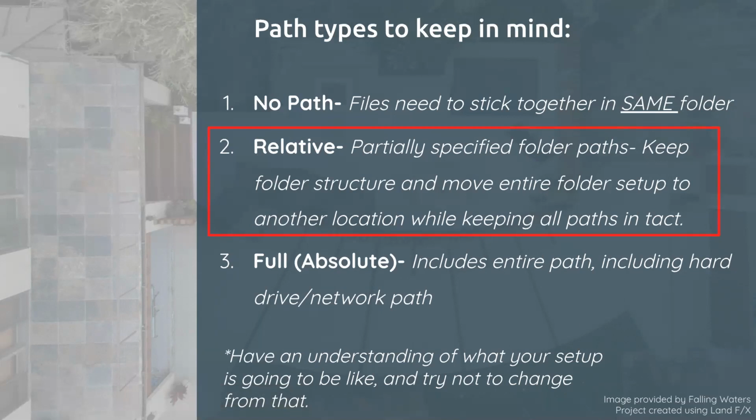It allows everything to be pathed and keep that structure within a folder structure, but it allows you to take that entire folder structure and move it without completely breaking all of the paths, just because it's going to adopt that hard drive or network path. It's kind of leaving that part blank, but it's pathing everything else. So as soon as you move it to another location, it finds that and it holds on to that data.